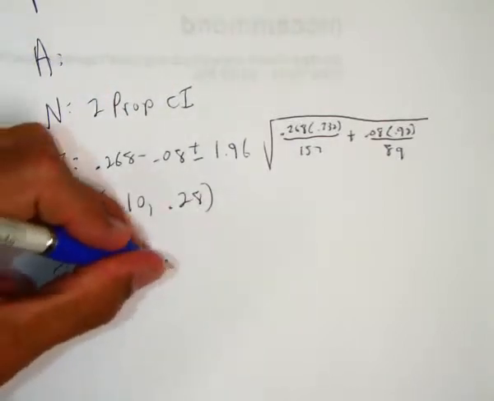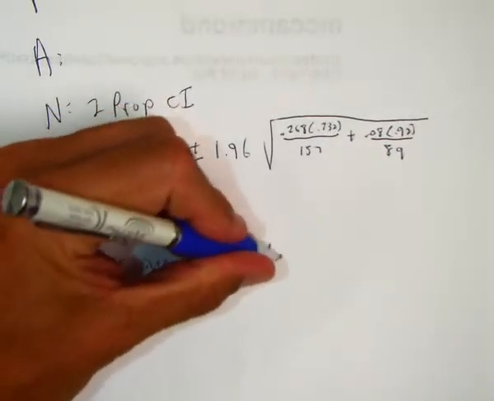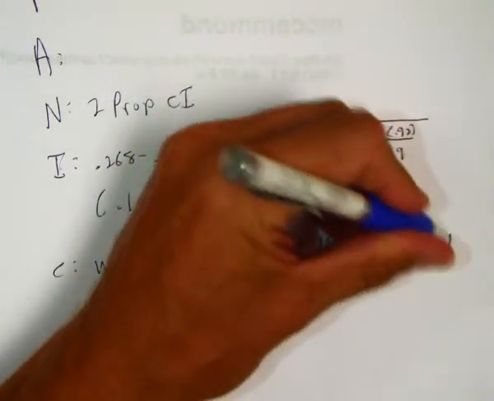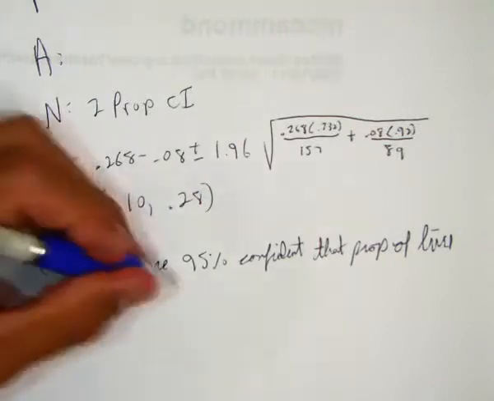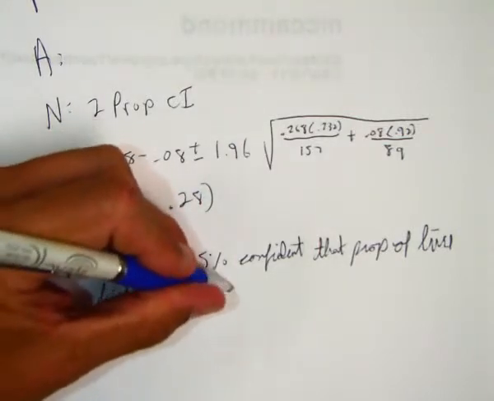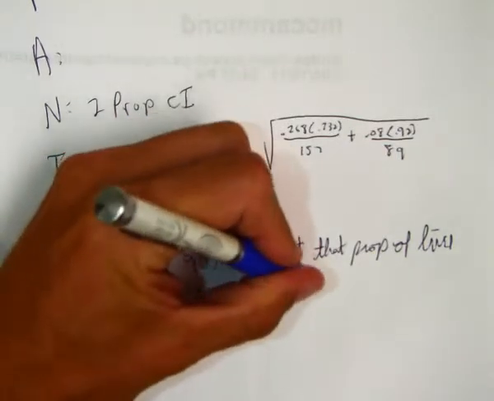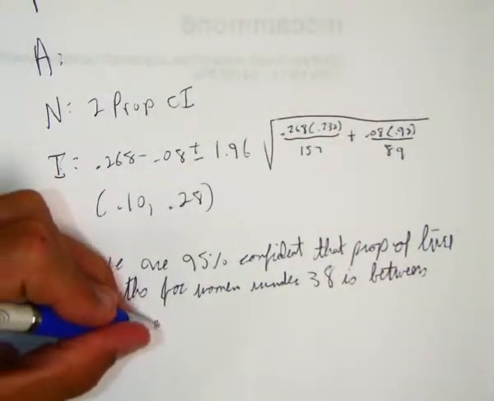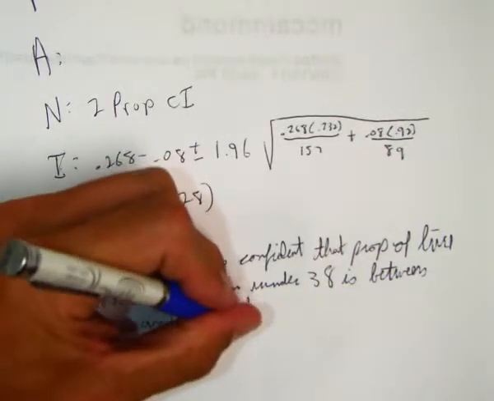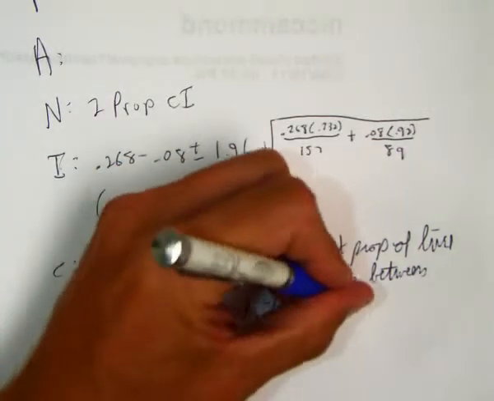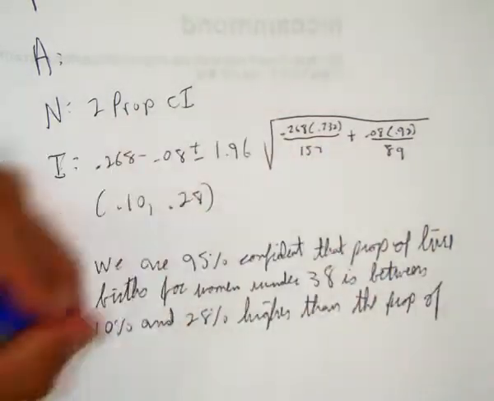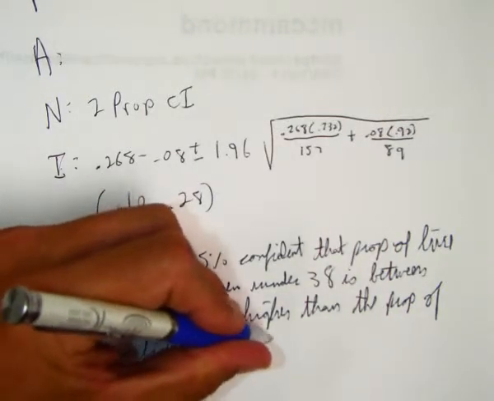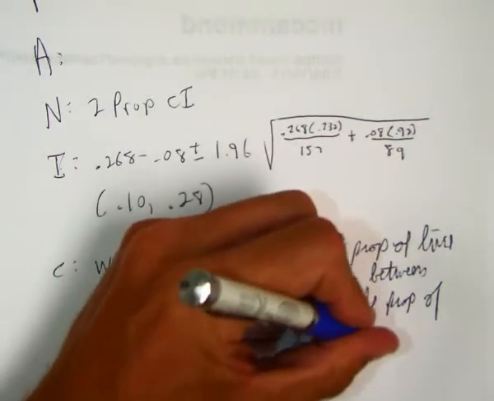We are 95% confident that the proportion of live births for women under 38 is between 10% and 28% higher than the proportion of live births for women 38 and older.